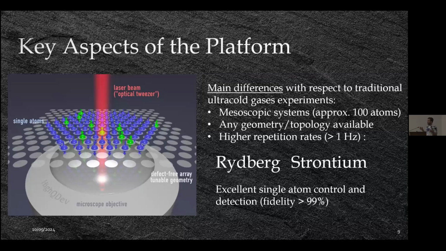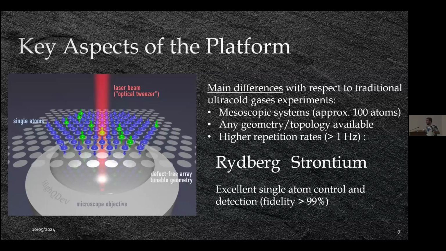So what are then the key aspects of this platform? Why is this good? The main difference with respect to other traditional ultra-cold gas experiments is that, as I said, it's a mesoscopic system. So we're already talking about more than 100 atoms.